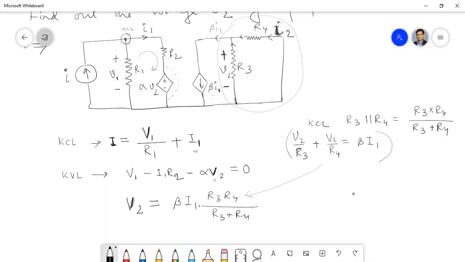Remember, R3 is a passive element. Okay, so what should be the right convention of positive current? Is it this or this? When the current is flowing in a passive element, what about the voltage? Voltage rises or voltage drops?